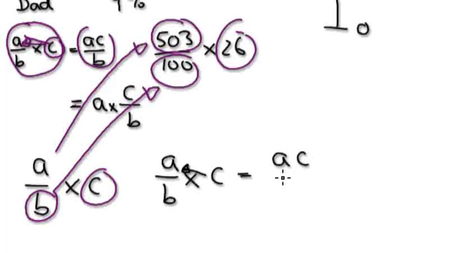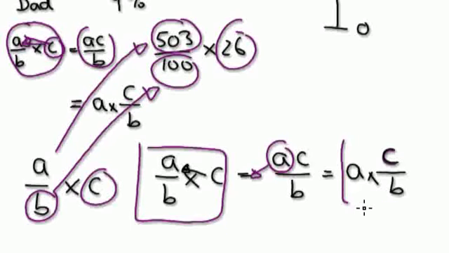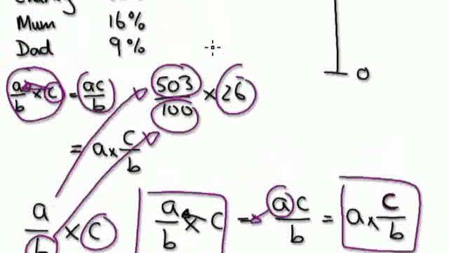So it becomes this, AC over B. Now I'm going to drag this A out. So it looks like this: A times C over B. It's the same thing. This thing here is the same as this thing here. What I'm trying to say is that when you come to do this here, hang on, let me think.